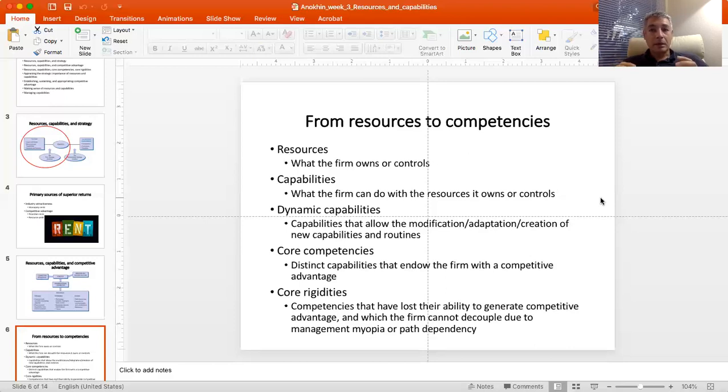So you may set your firm on a path from which it cannot really deviate much. And so you would keep investing in competencies that no longer matter.